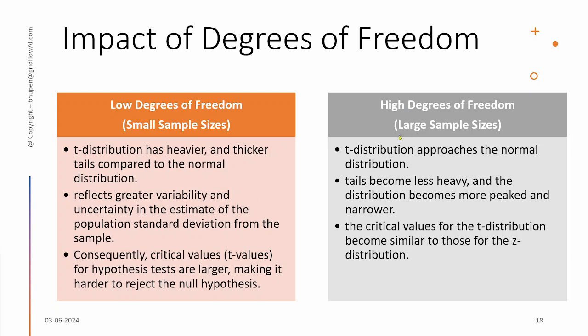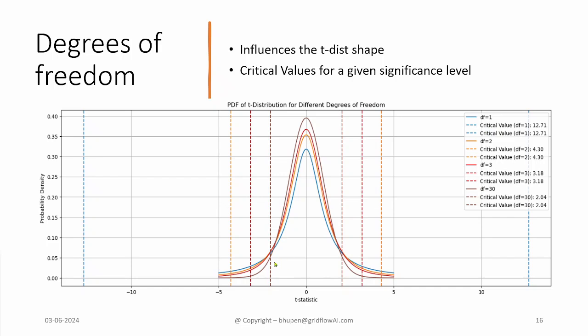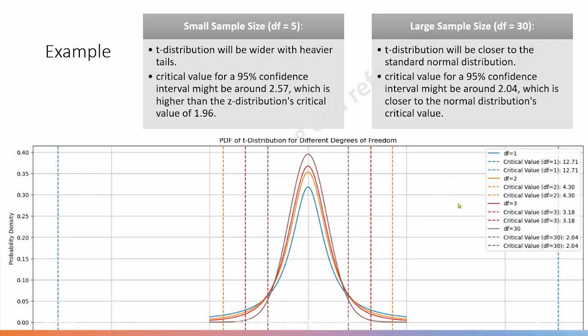With a high degrees of freedom, it is actually similar to the standard normal distribution, and it becomes less heavy and the distribution becomes more peaked. If you see here, as we go with more degrees of freedom, this is more peaked compared to the blue one, which is less peaked here. So that's the difference and the impact of degrees of freedom on the t-distribution.